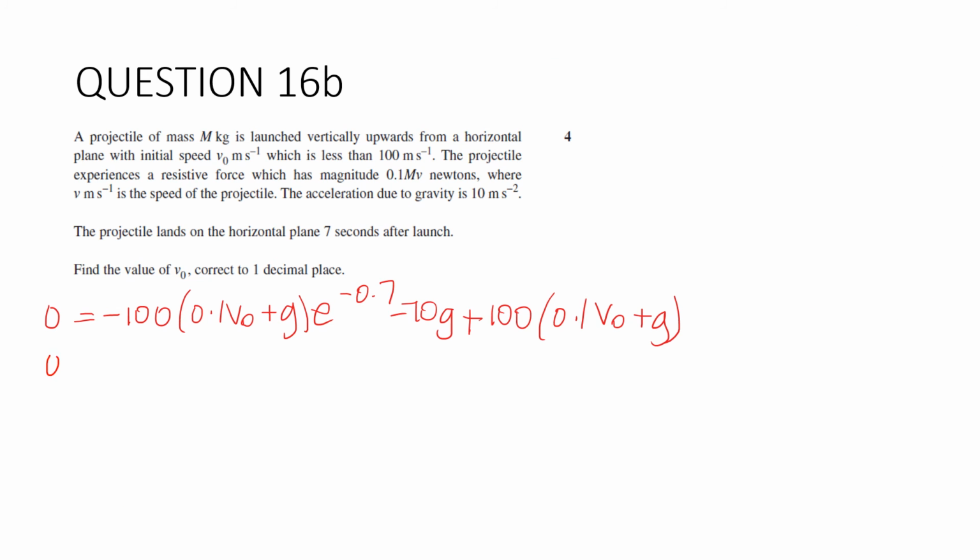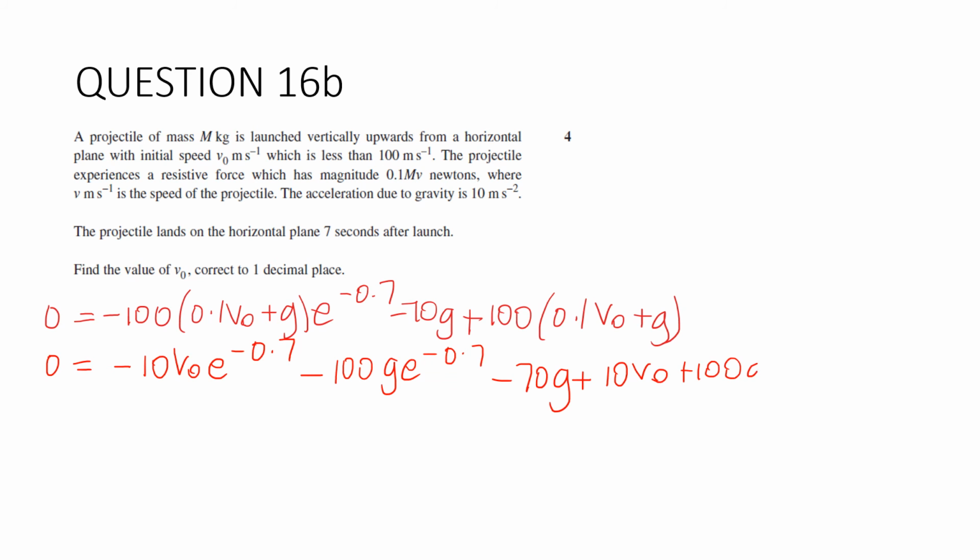And that's equal to, let's expand this out, 100 times 0.1 is 10, so negative 10 v naught e to the negative 0.7 minus 100 g e to the negative 0.7 minus 70 g plus 10 v naught plus 100 g.